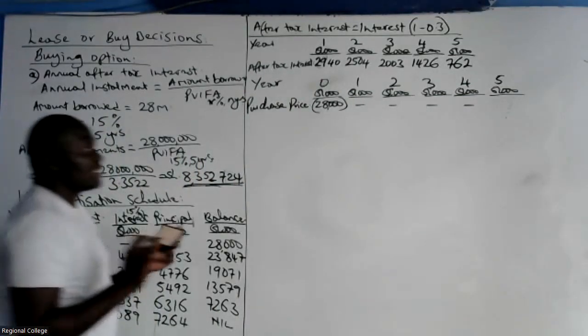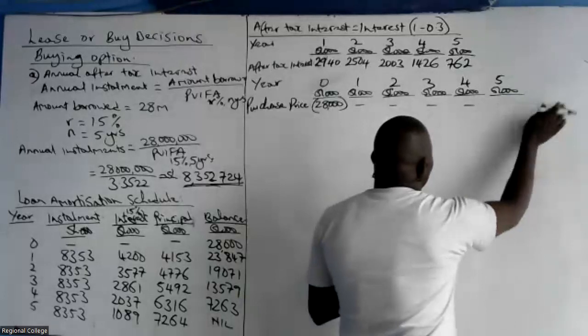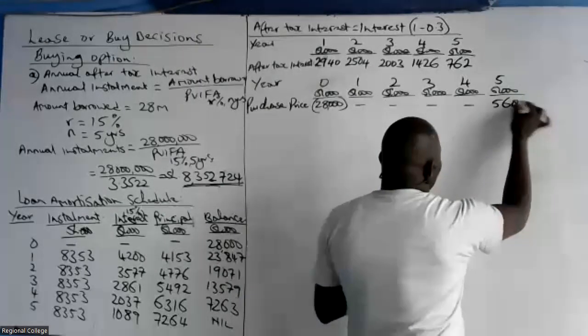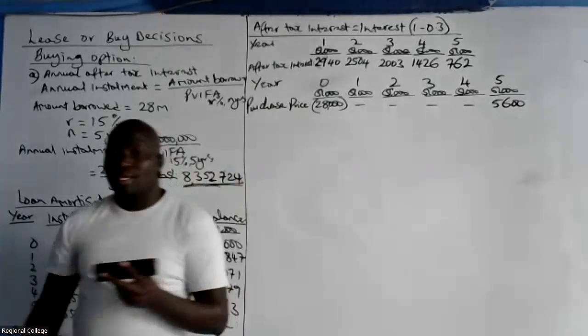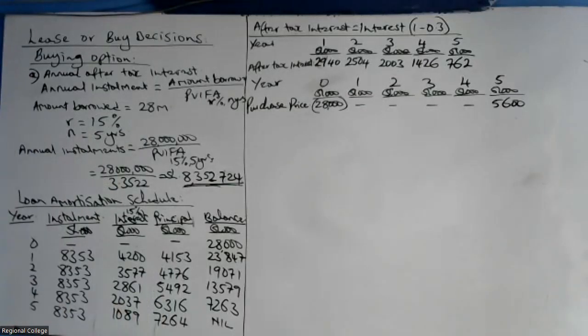So after 5 years, I'll be able to sell it and get how much? 56. And the cash is coming in, it's a positive cash flow. Naweza iweka hapo as a scrap value, ama salvage value. But still it's for year 5.